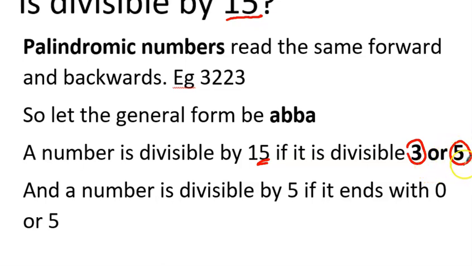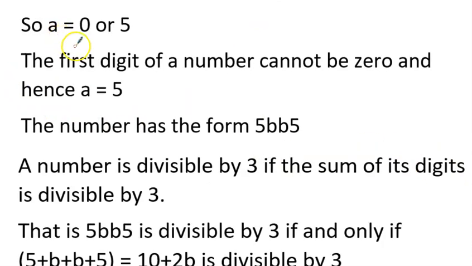Okay, so let's start with the 5. Now, when do we say a number is divisible by 5? When that number ends with 5 or 0, then we say that the number is divisible by 5. And so our A, which is the first digit and then the last digit, are going to take 0 or 5.